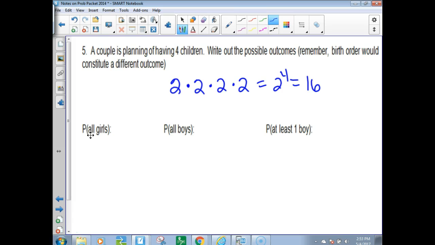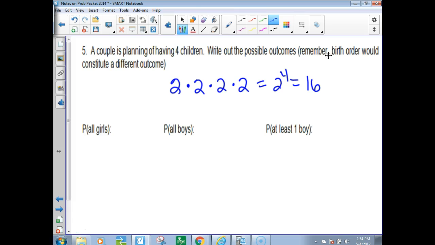Now, the probability of having all girls. Girl, girl, girl, girl would be 1, 1, 1, 1. Oh, there's actually how many? Well, a total of 1 out of, no, guys, 1 out of 16. There are 16 different combinations of ways to have those children. You have to remember, birth order constitutes a different outcome.